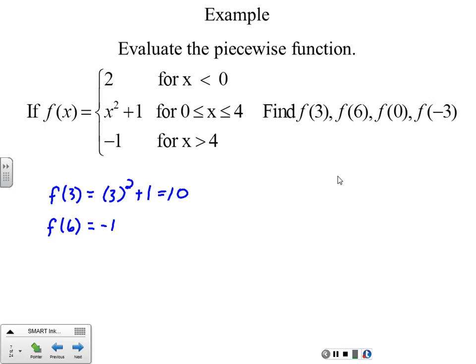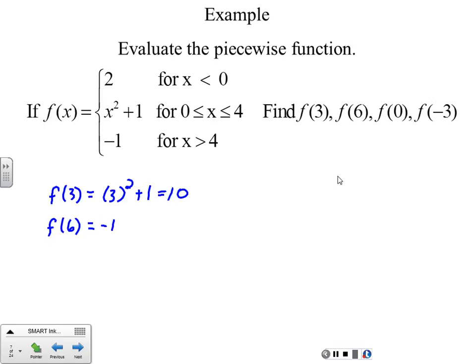If I plug in 3, negative 1. If I plug in 0, negative 1. If I plug in 8, negative 1. If I plug in negative 3, negative 1. It's a horizontal line. Okay? Because there's no process to it, it's just a number by itself.